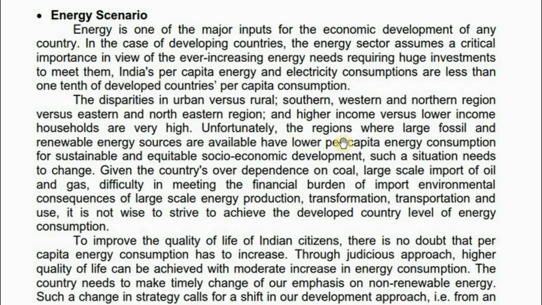Unfortunately, the regions where large fossil and renewable energy sources are available have lower per capita energy consumption for sustainable and equitable socio-economic development. Such a situation needs to change.